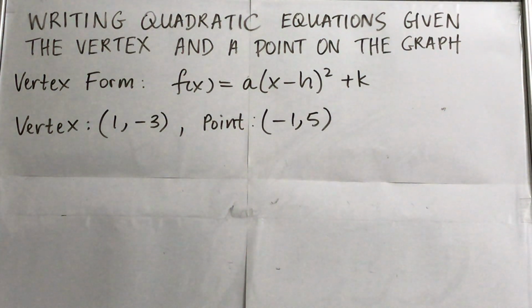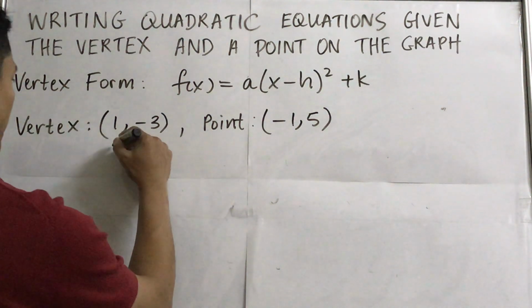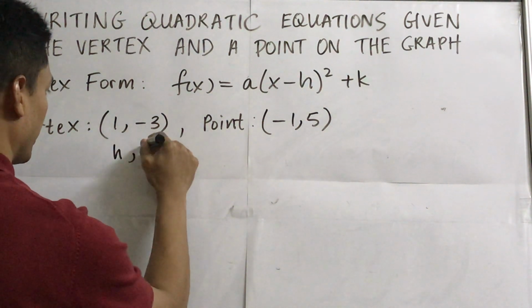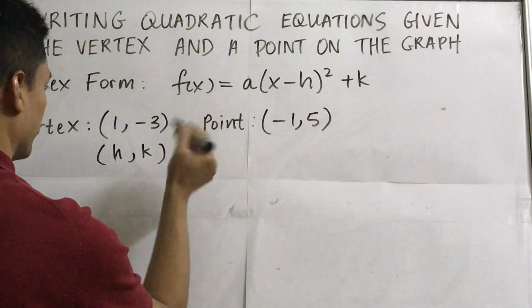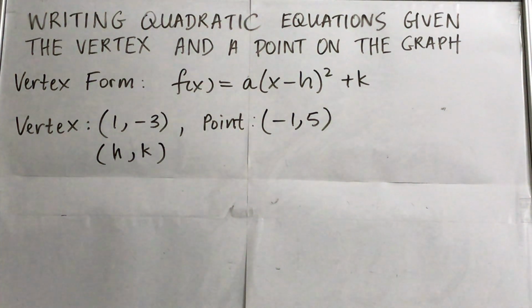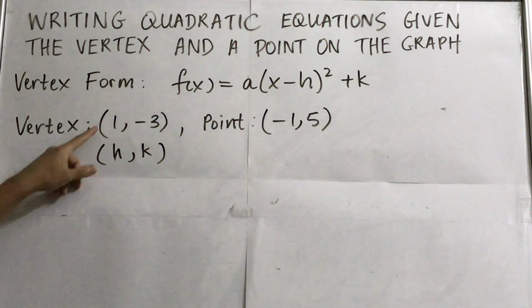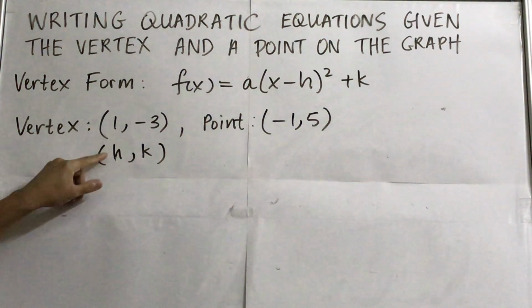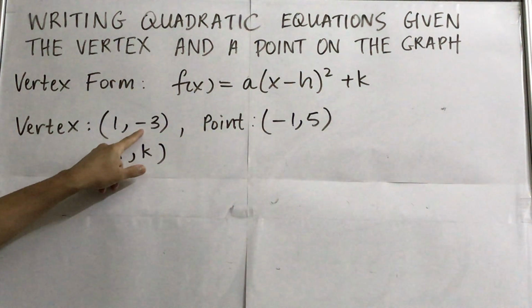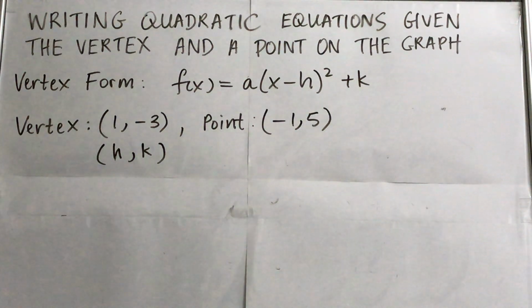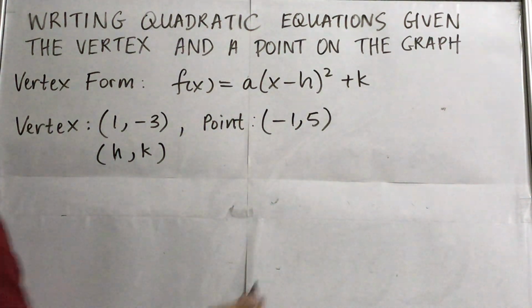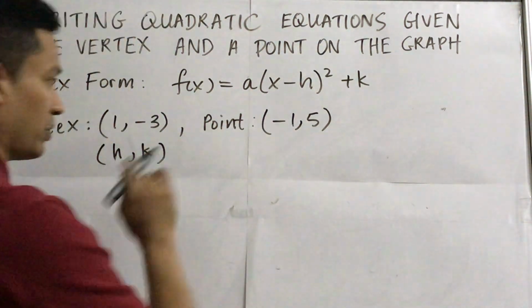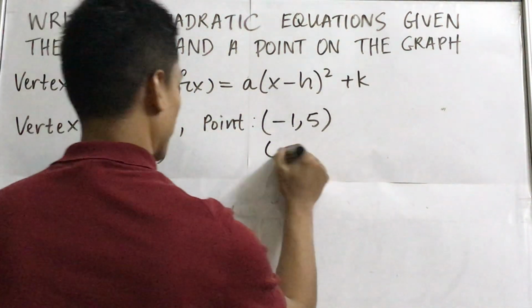Now remember, your vertex is always the point h, k. It's always good to write it next to the point because we know that 1 represents h, -3 represents k. And what is your point? What's the first number of the ordered pair? Your x.